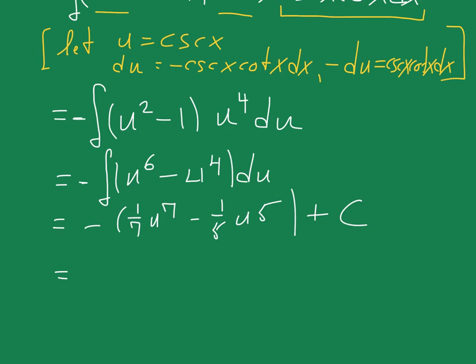In this case, u is equal to cosecant x. So this is equal to, maybe I'll write the plus 1/5 here first, distributing the negative through, cosecant to the 5th x minus 1/7 cosecant to the 7th x plus c, and with that we are done.